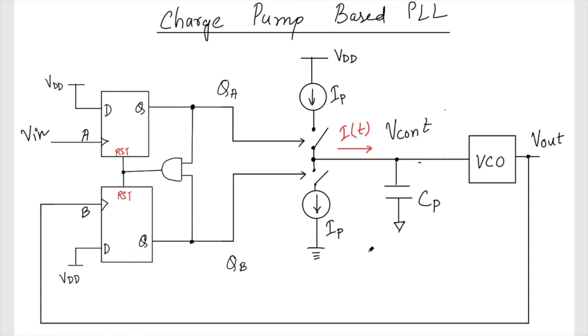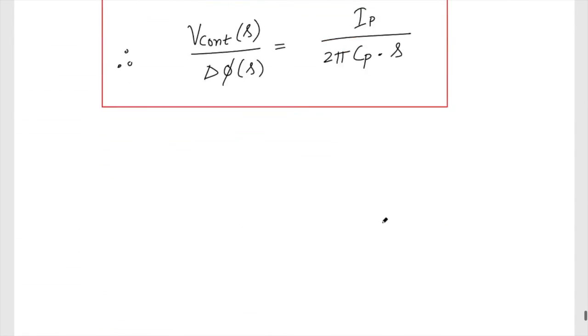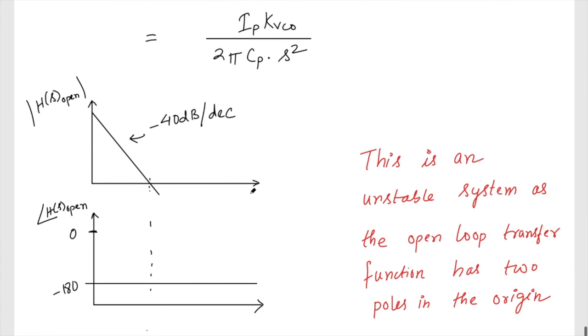So to make the loop stable, we are going to introduce a 0. If you see the phase response, we have two poles in the origin and it is rolling off.